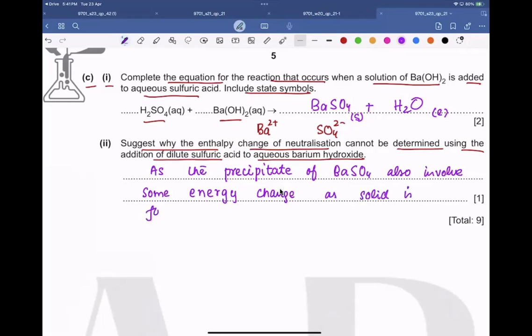Now, we have question number 3. Chlorine is a very reactive element. Chlorine reacts with silicon to form silicon 4 chloride. Describe the appearance of silicon 4 chloride at room temperature and pressure. State its structure and bonding.